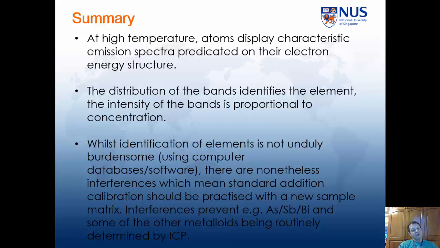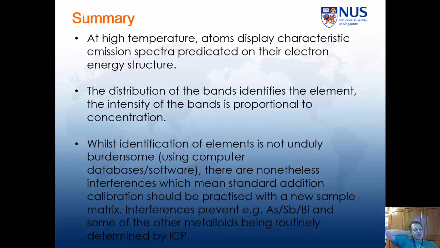Electrical discharge maybe 4000 Kelvin. So this is considerably hotter. It's capable of exciting all metals and metalloids in the periodic table, so it's actually applicable across a wide range. It's much more stable than a flame, and the background is much lower because it suffers from fewer interferences.